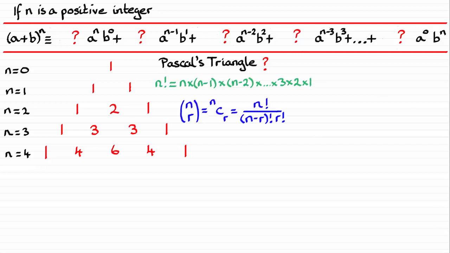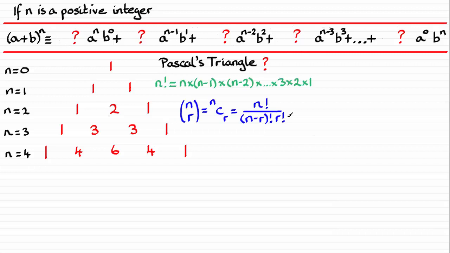That formula was often quoted as nCr, and we wrote it in either this notation or this notation. Calculators tend to use this notation, as I explained in one of the sections. And it was equal to n factorial all divided by n minus r factorial, r factorial.